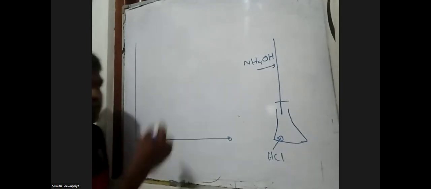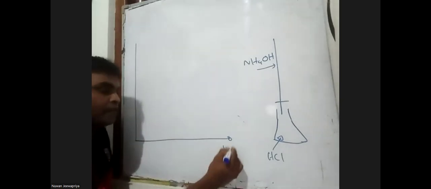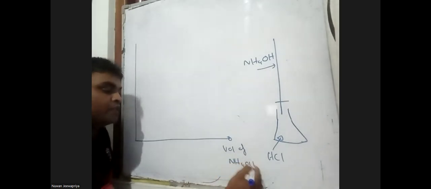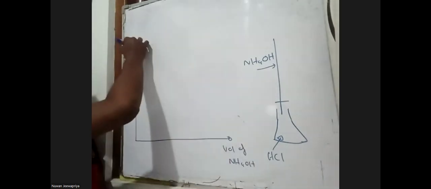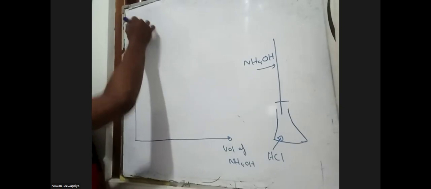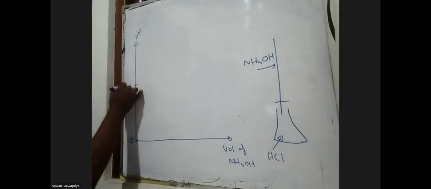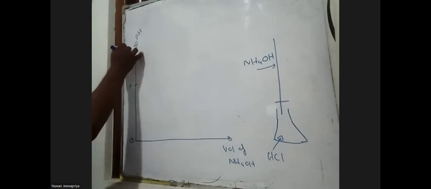For the x-axis, we take the volume of ammonium hydroxide. And for the y-axis, we take pH. Here the pH 0, here the pH 7, and here the pH 14.